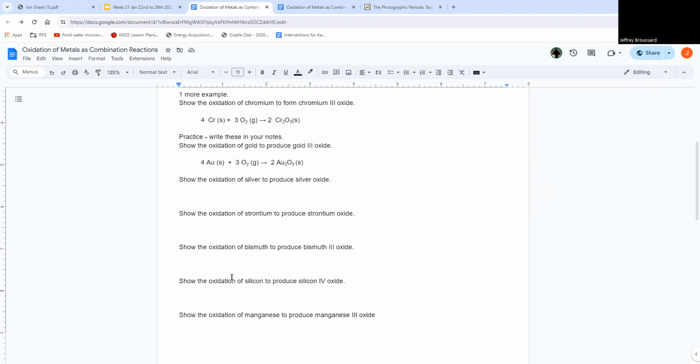Let's go ahead. I'm going to jump forward to this one here and do this last example problem. Show the oxidation of silicon to produce silicon 4 oxide. So I'm going to start with silicon. That's Si, and that's going to be solid. And I'm reacting it with oxygen.